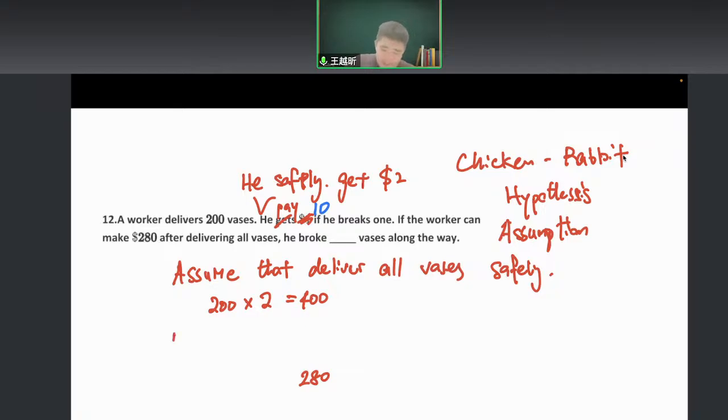If he breaks one vessel, how many dollars less will he get? This is the key question here.